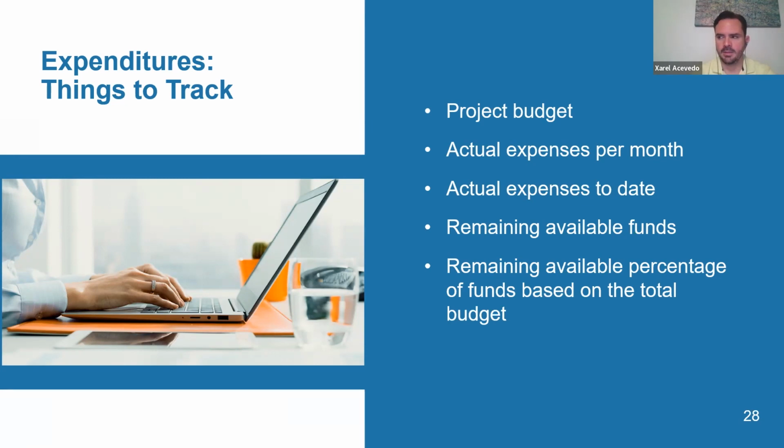Okay. And then compare and say their expenses to date, because that is a way of monitoring their progress. Okay. Address remaining available funds, and then address remaining available percentage of funds based on the total budget. I think this goes back to what I said earlier.